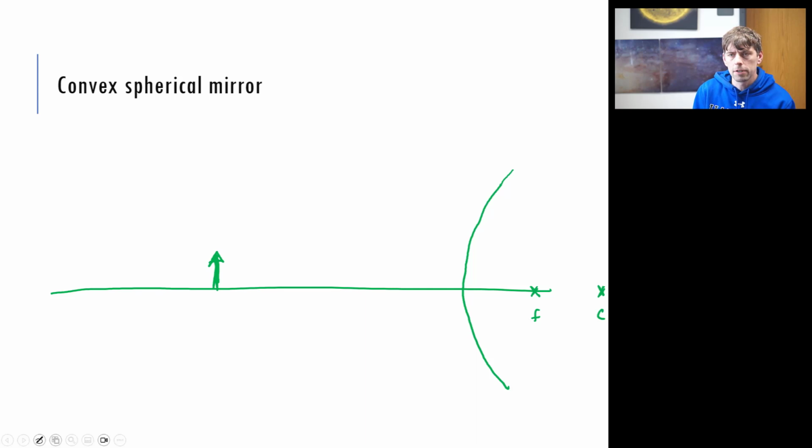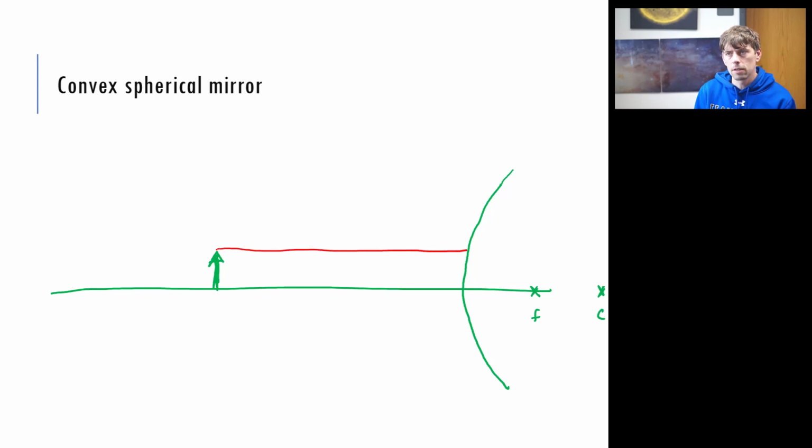Take a minute, pause the video, go through and draw your 3 primary rays. Got it? Good. So first off, first ray. Now here we have to be a little bit careful because you know that it's a reflective surface. And how will this ray work? It's not going to be reflected towards the focal point.